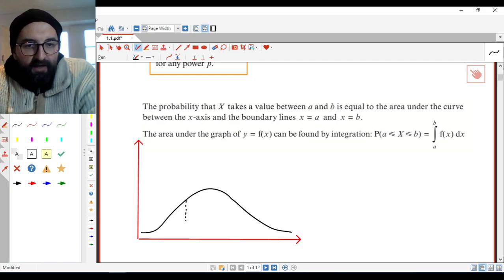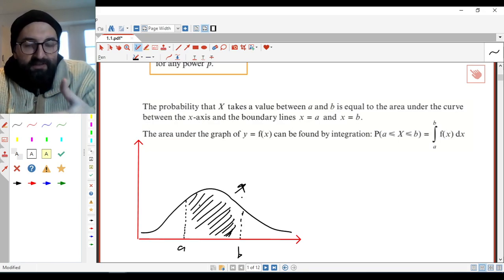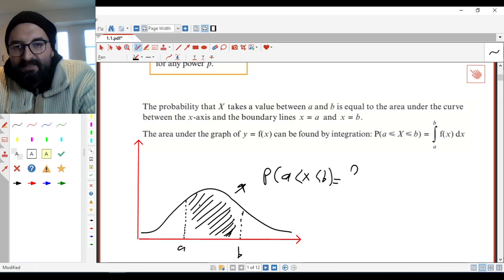If you want to find the probability from a to b, you have to use the function of this curve and integration. The probability of a and b means x greater than a and less than b, and we can say it is the integration from a to b of f(x) dx.